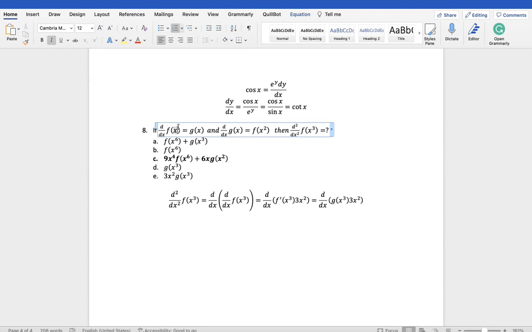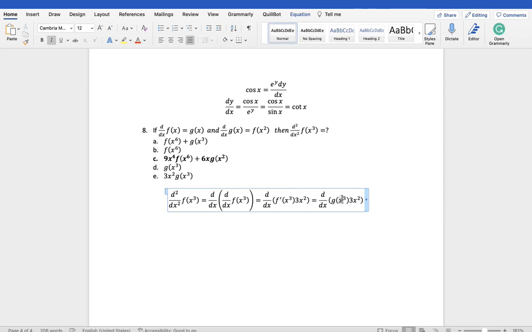So whatever applies to the derivative of f of x will apply to g of x, and similarly whatever applies to the derivative of f of x cubed will apply to g of x cubed. So you can make this substitution here.